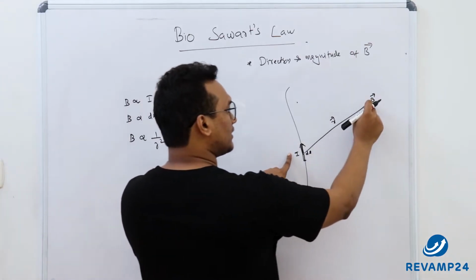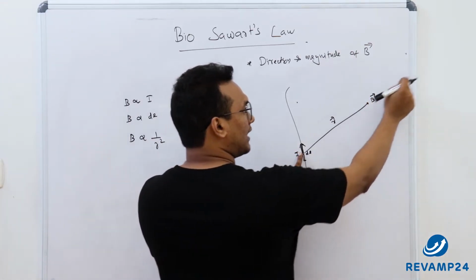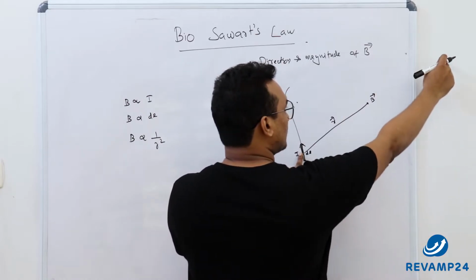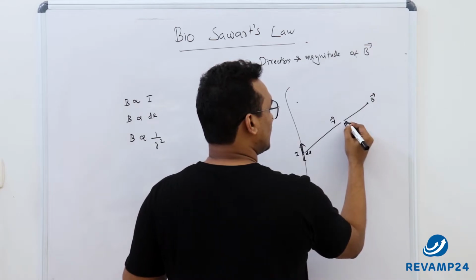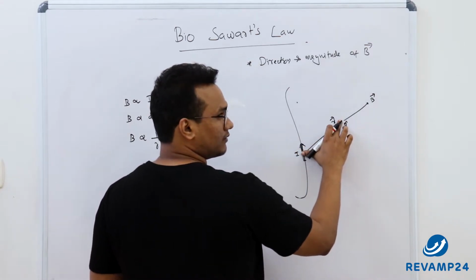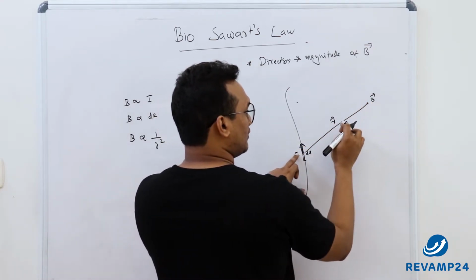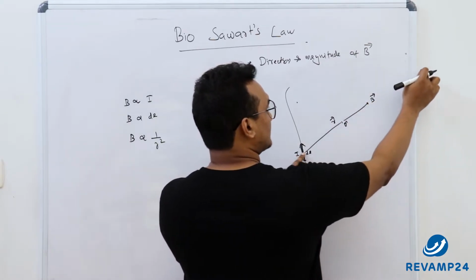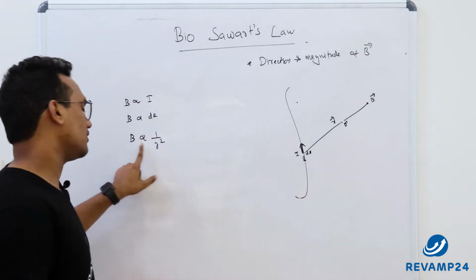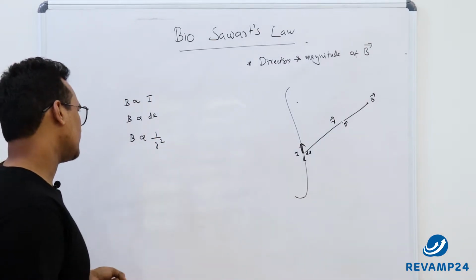Calculating at a nearer point, the magnetic field will be higher compared to a farther point. So higher the distance, lower will be the magnetic field intensity.